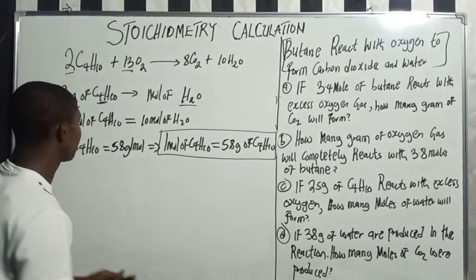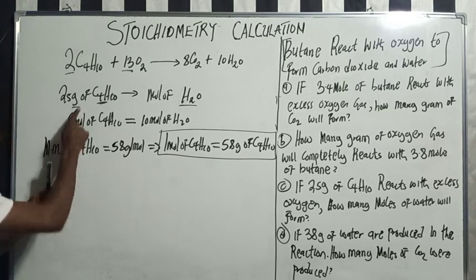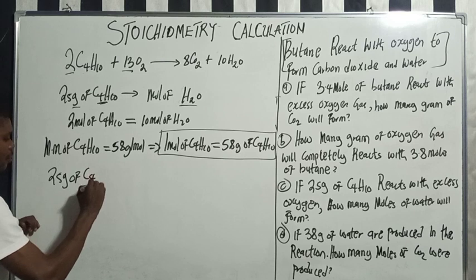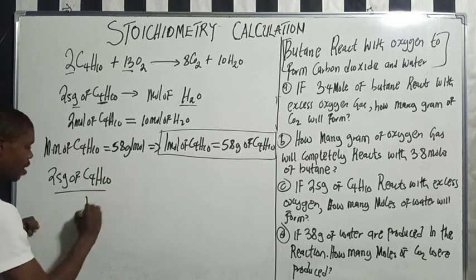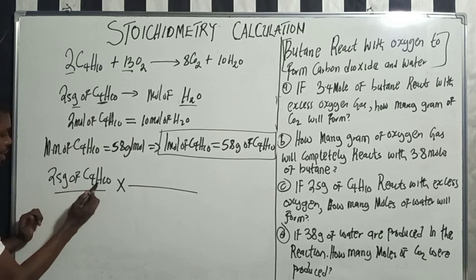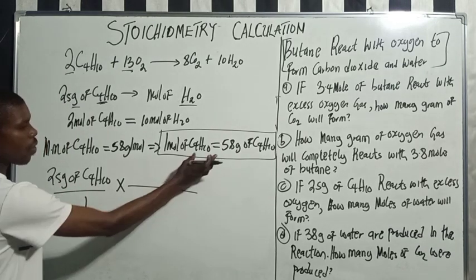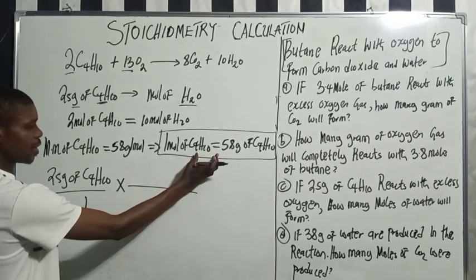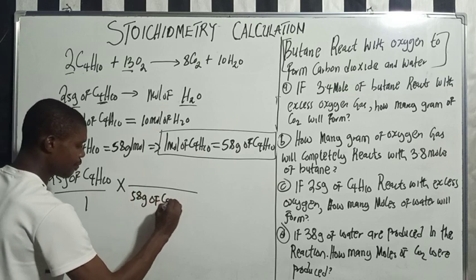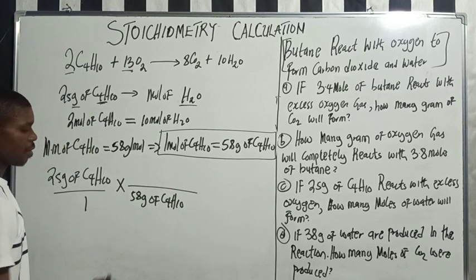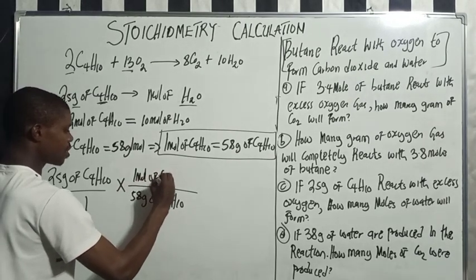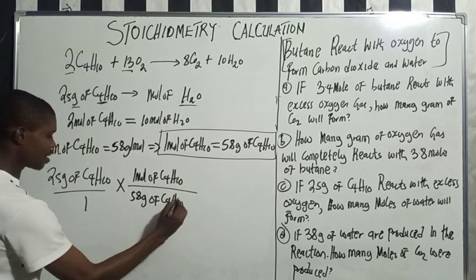So if you check it very well, remember what we are starting with. I started with 25 grams of C4H10 over 1, times. Now I need to know the grams of C4H10, right? So I will use this one here: 58 grams of C4H10 on the bottom, and 1 mole of C4H10 on top, so this will cancel out.